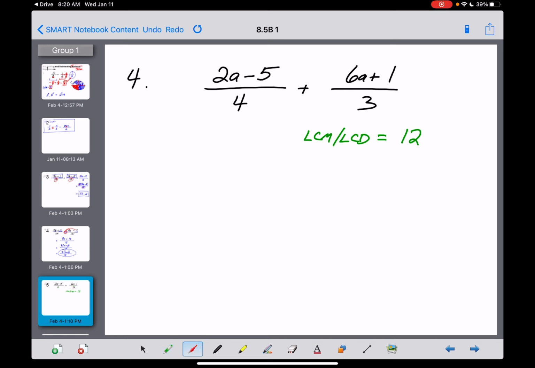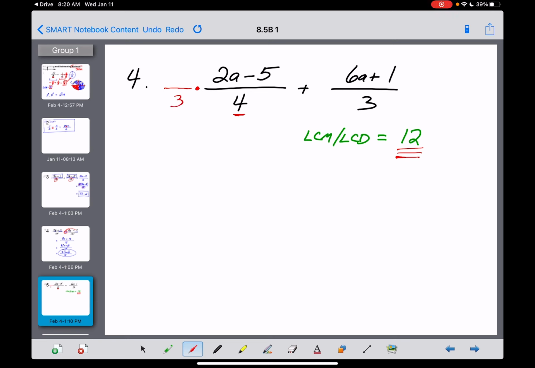Now, here's where things get interesting. We need to take both of these two fractions and change them so that they have this denominator of 12. So the first fraction is going to get multiplied by something that'll turn the denominator into 12. You're going to look right here and say, okay, 4 times what will give me 12? And the answer to that is 3.